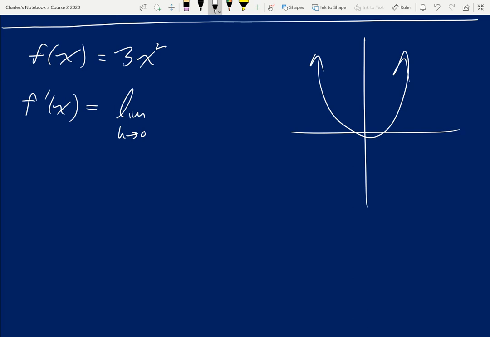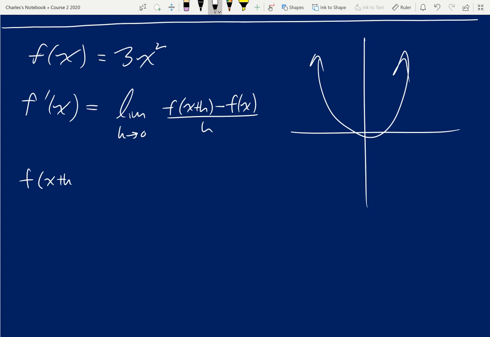That is helpful. So this is going to be f of x plus h minus f of x divided by h. Okay? Now, we can do the same thing.